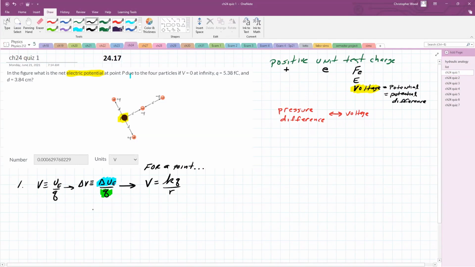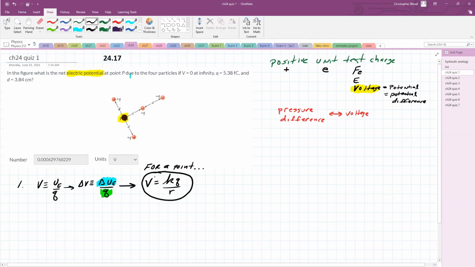Just before I leave this, voltage is potential energy per charge, and I talked about something known as the little yellow ball analogy. Let me postpone that and just keep going. I'm going to have to let you pick this up in the lecture video.